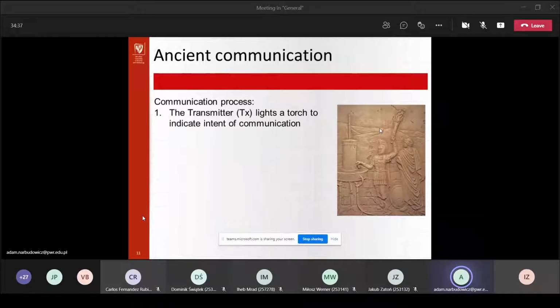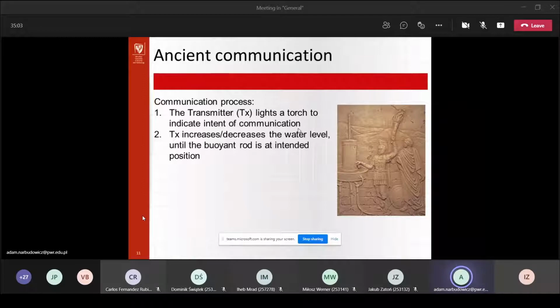Another way is, so how this works in practice is that basically the transmitter, so the one side that wants to transmit the message over the island, would first light a torch, okay, to indicate that, okay, guys, there is a torch, we want to talk to you.